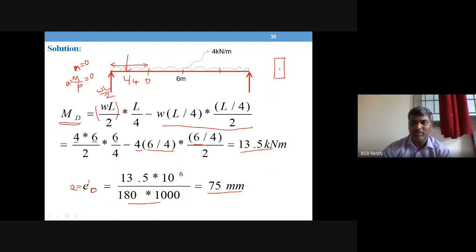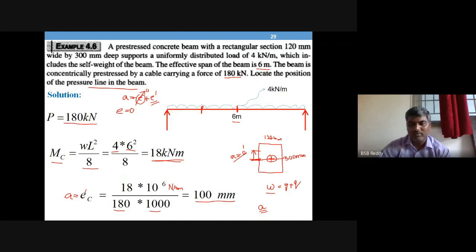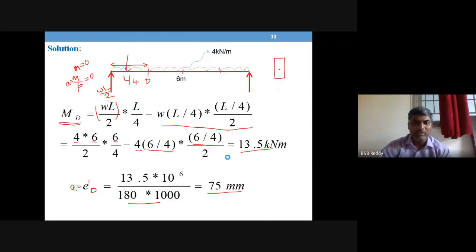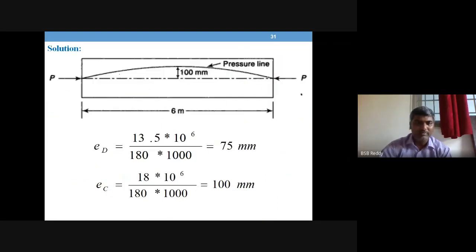So this is the point where the center of compression lies, and at 1/4 distance it is 75 mm above this line, and at the center of the beam, that means the middle of the 6 meters, 100 mm. So now you can draw that diagram.